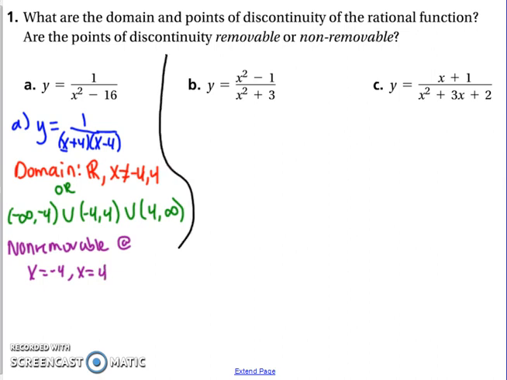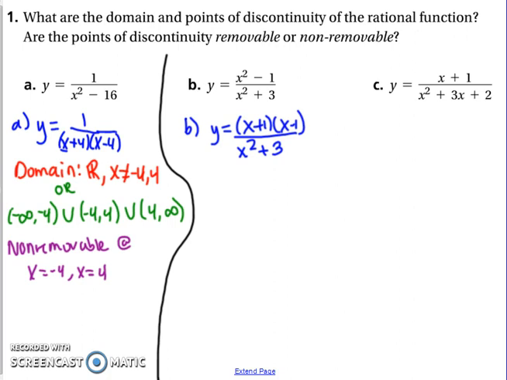All right, so if we look at the next one, again, we want to factor anything that we can. So if we look at B, y equals, I can factor the top, x plus 1, x minus 1. The bottom, I can't factor, so I'm going to leave it x squared plus 3. If I try to set the denominator equal to 0, I'm going to get an imaginary number.